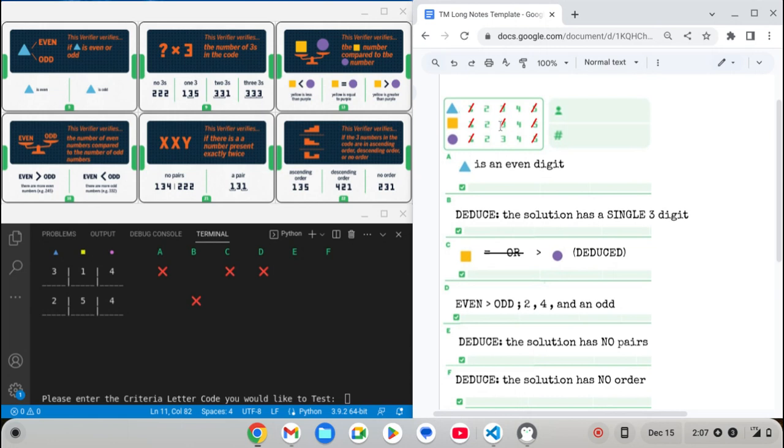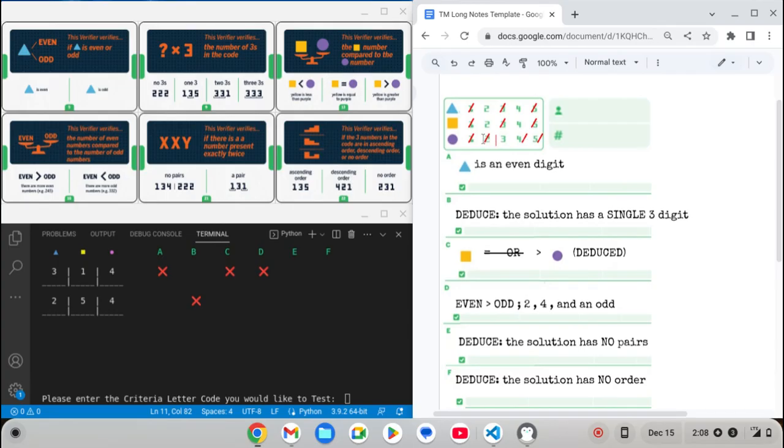And because square needs to be larger than circle, I don't think circle could be the 4, because 2 is not bigger than 4, and neither is 4. So you have to take 4 off from circle, and that's our only 3.